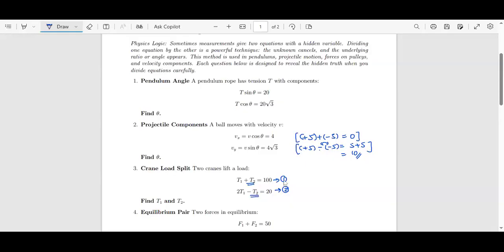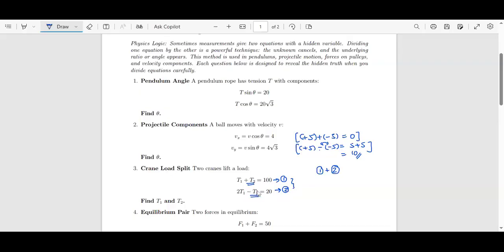So when you consider these two equations, we have plus t2 and minus t2, so we can add these two equations to remove t2.